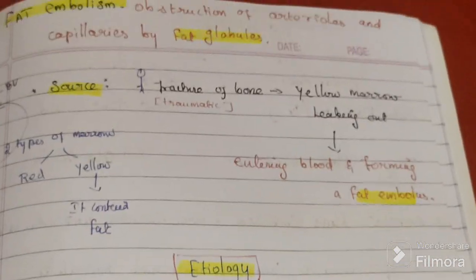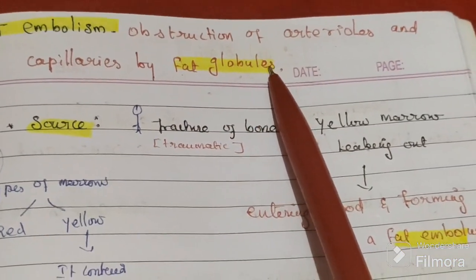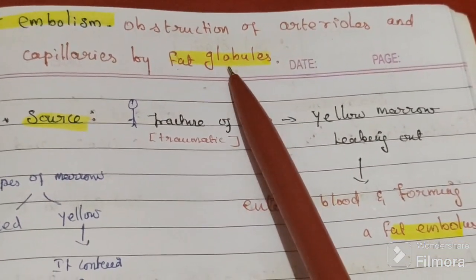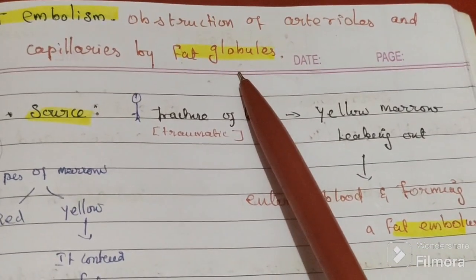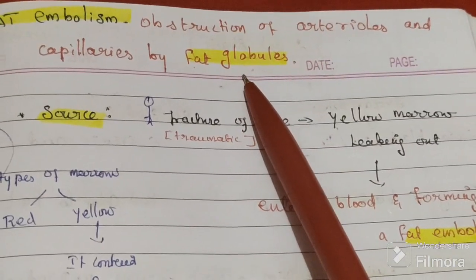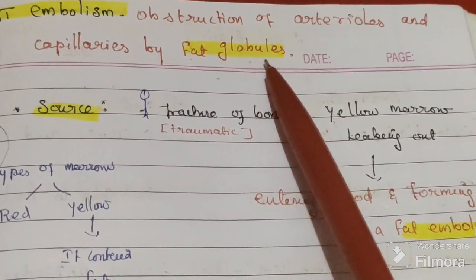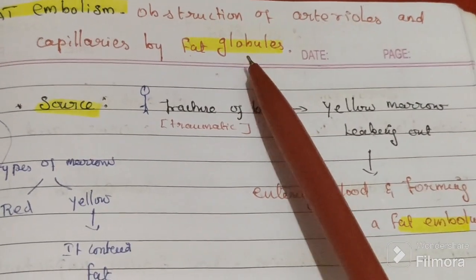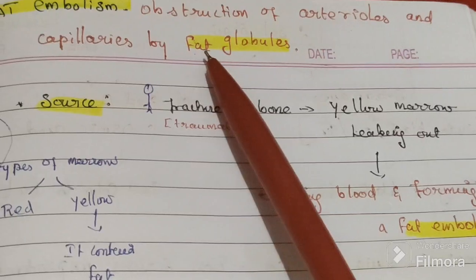So here in fat embolism, fat globules are formed. The lumen of the blood vessels contains fat globules.